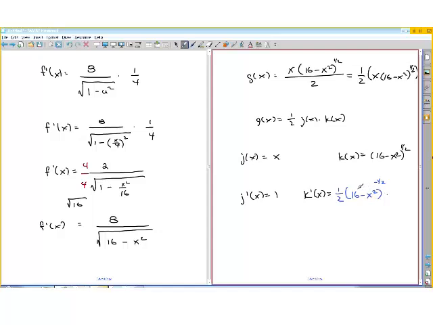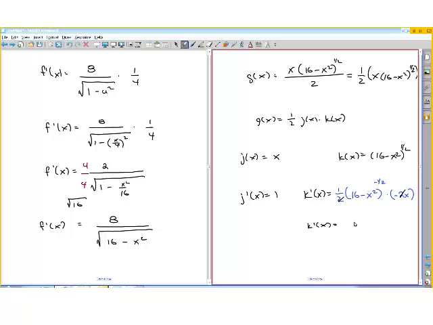You have to take the derivative of what's inside: the derivative of 16 is 0, so you get negative 2x. The derivative of 16 minus x squared is negative 2x. See, the 2's cancel out.